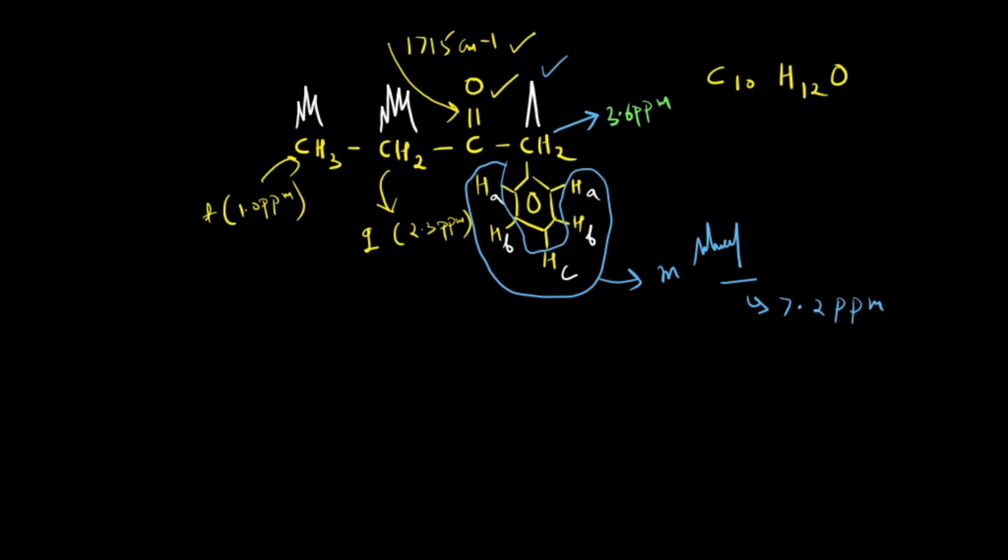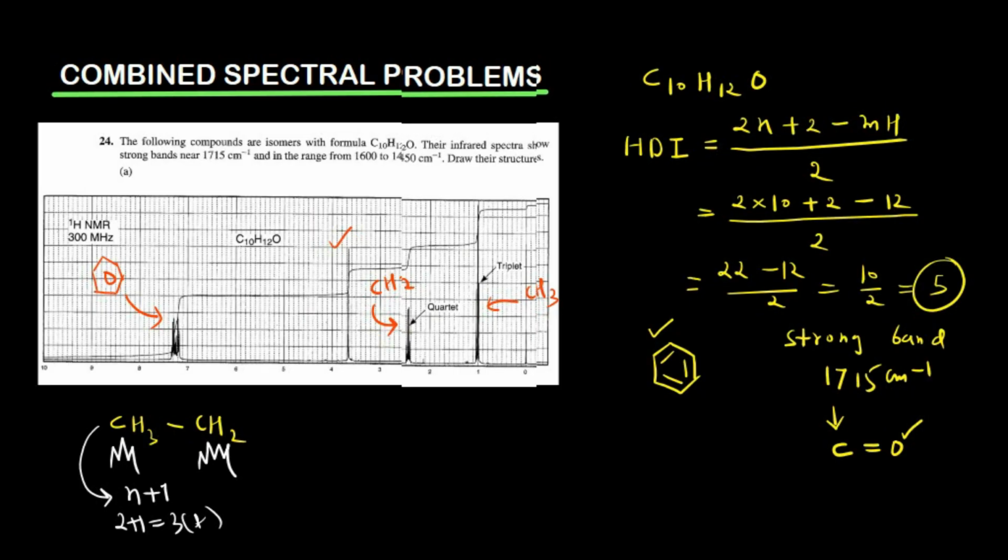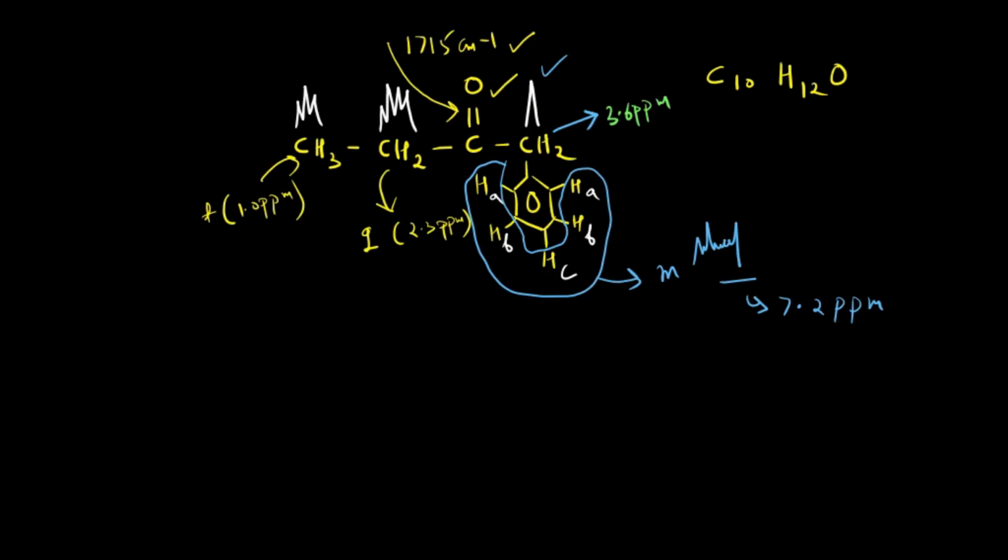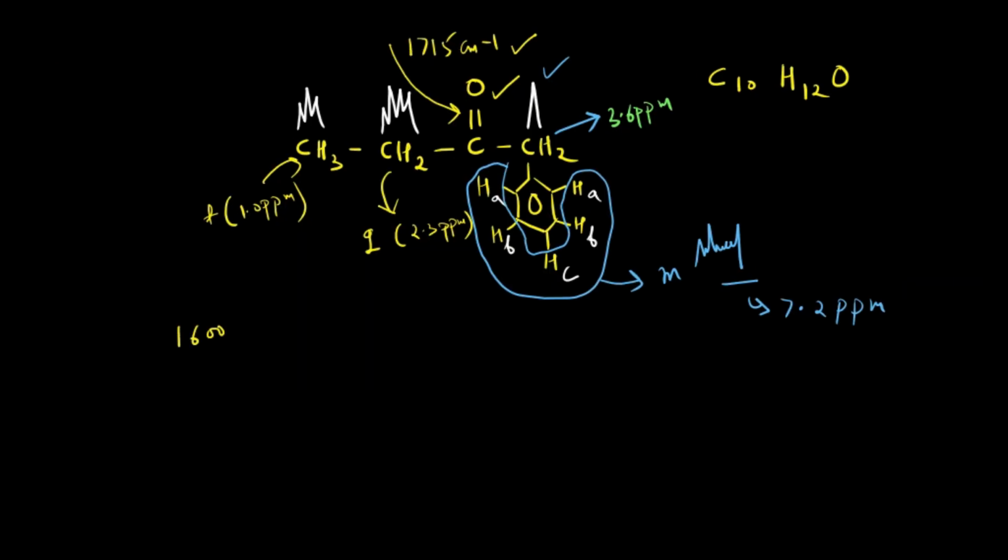And then if I go back, I'll find another data between 1600 to 1450 centimeter inverse. Again, it's a very important indication. This region basically belongs to carbon double bond carbon, right?